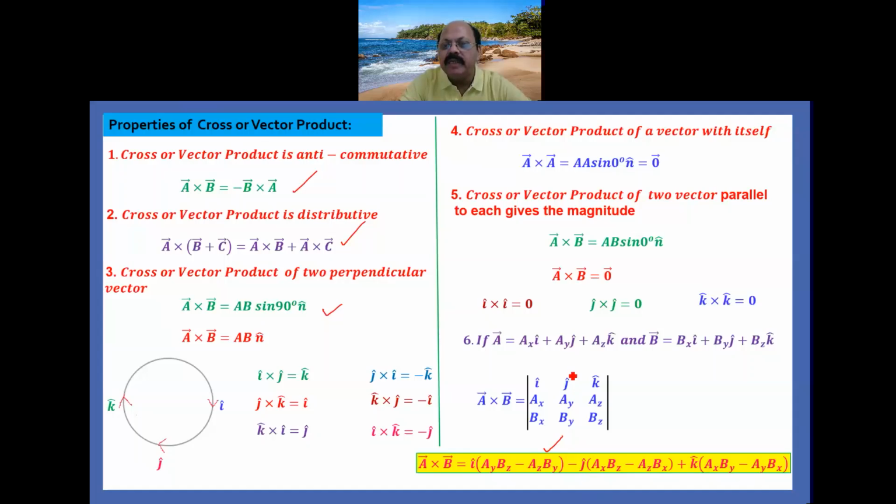For calculating j cap, you hide this one, and then take the same order ax bz minus az bx. Now when you calculate for k cap, you hide this one and take the same order ax by minus ay bx. So this is about the cross product in terms of the Cartesian coordinates.